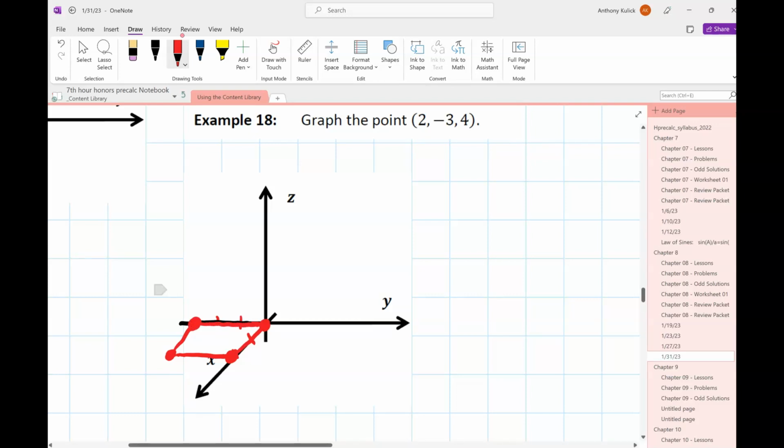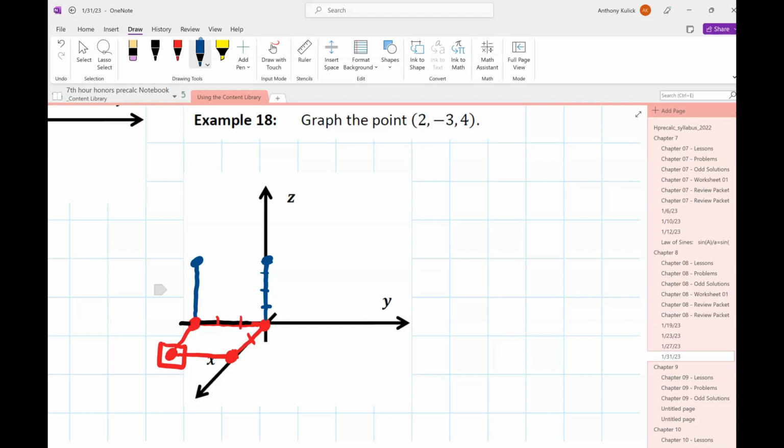Everybody's okay with that? So that's the point 2, negative 3. Now I'm just going to lift all of these vertices 4 units in the z direction. So I'm going to start at the origin. I'm going to lift that point 4 units. I'm going to pick the point directly parallel to it, also on the y-axis, and lift that 4 units.